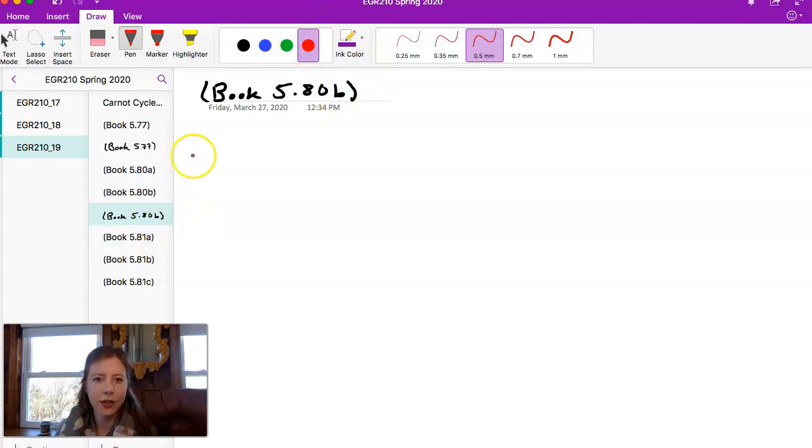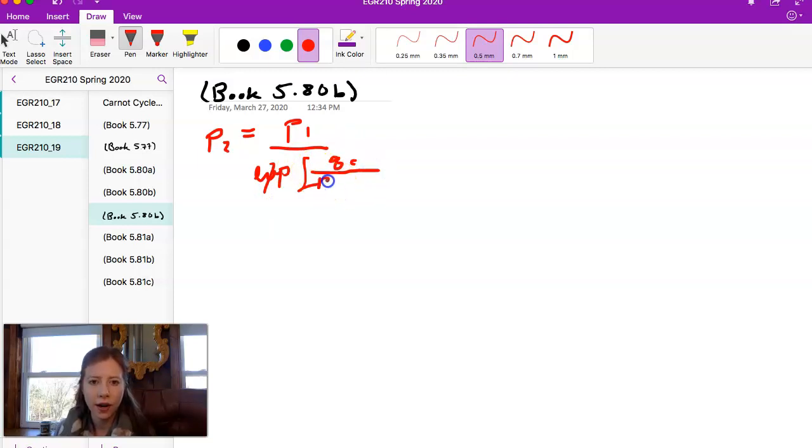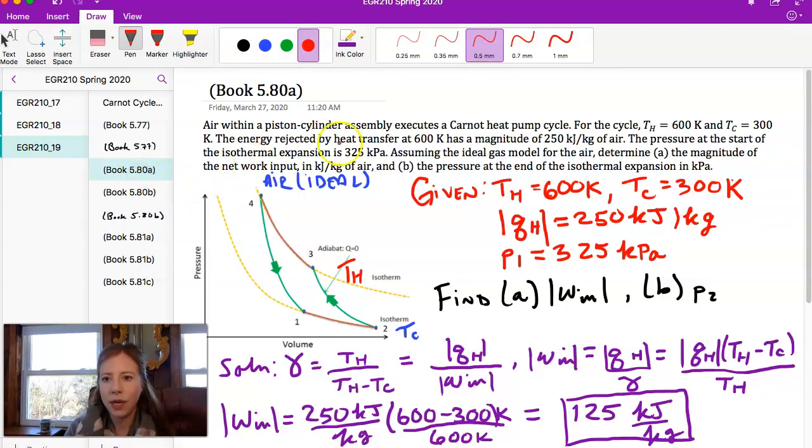Okay, so P2 is going to equal P1 over EXP, the exponential of QC over R air times TC. And so QC, remember, is going to be QH plus our work.